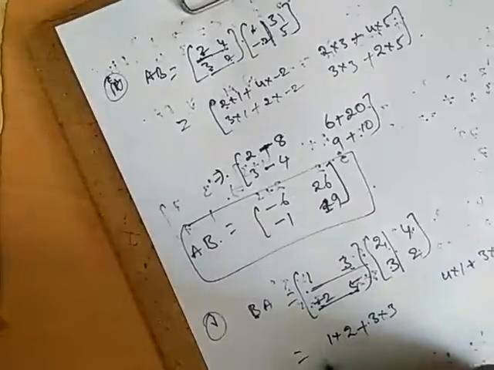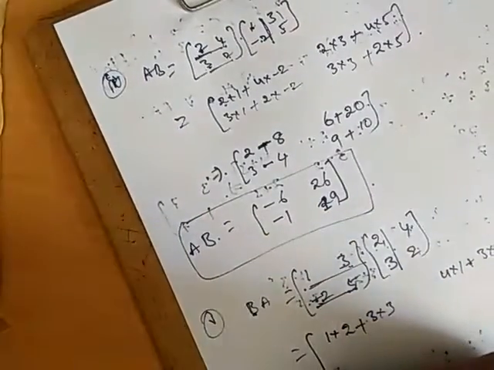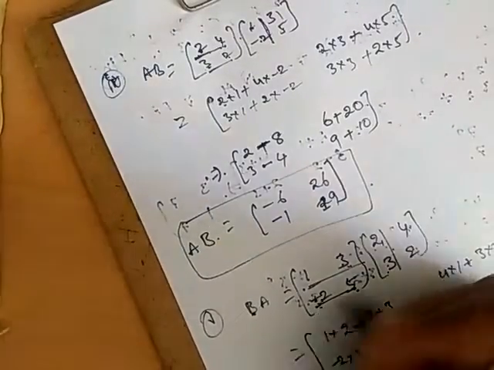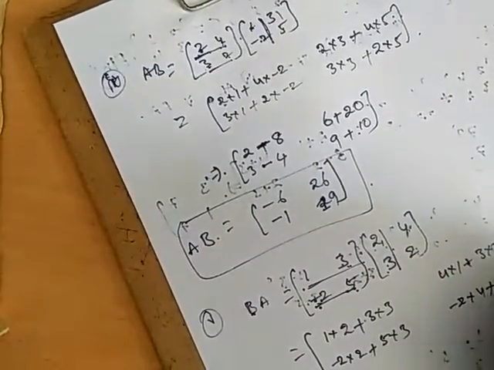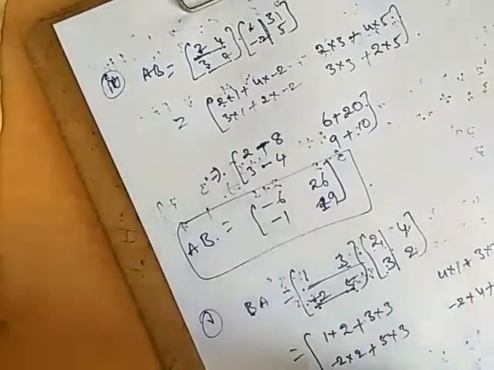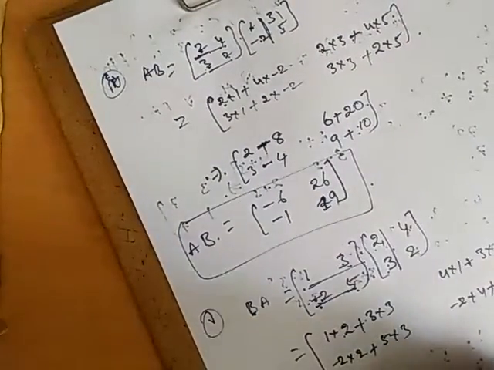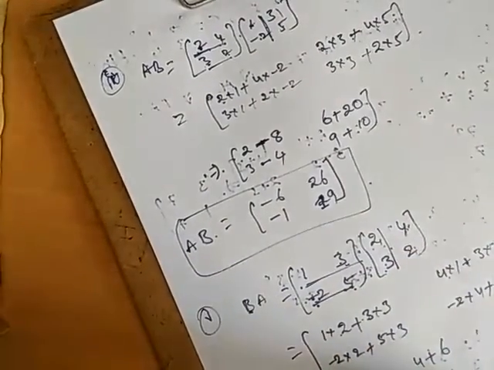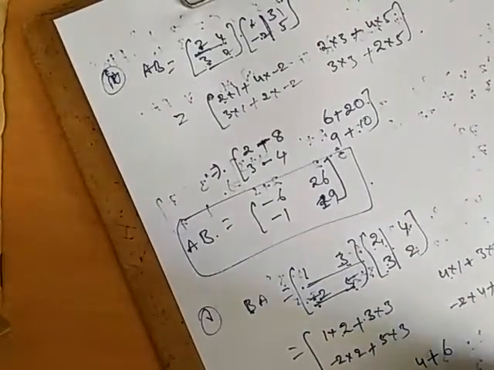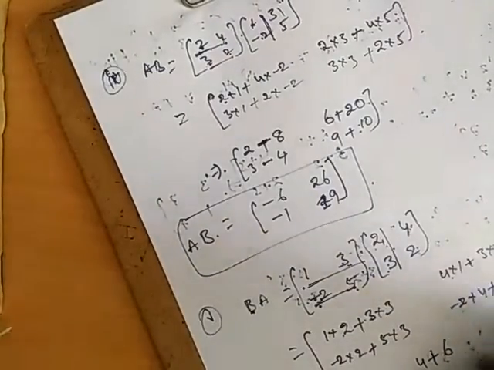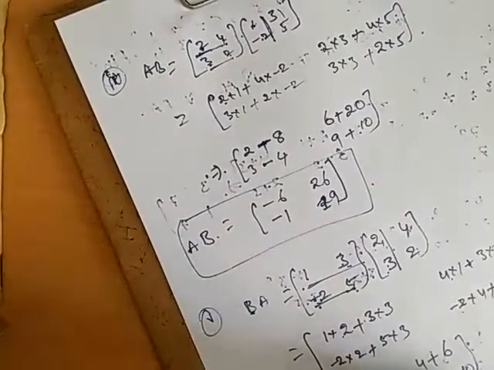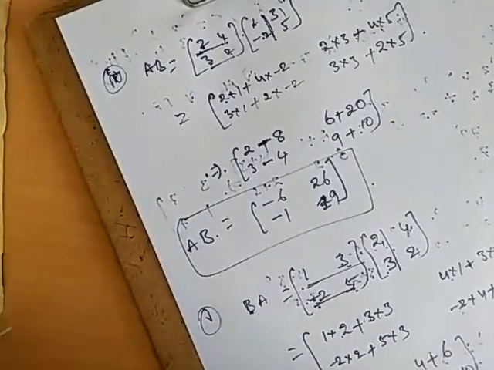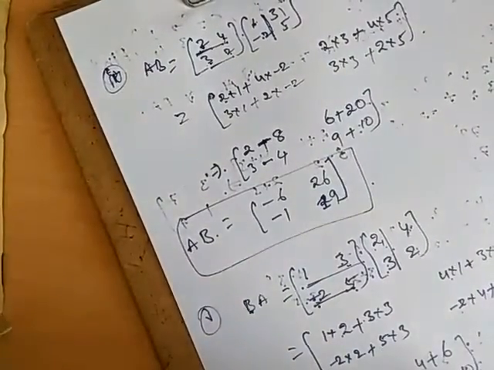Second row, first column: minus 2 into 2 plus 5 into 3, minus 2 into 4 plus 5 into 2. So 2 plus 9, 4 plus 6, minus 4 plus 15, minus 8 plus 10. That equals 11, 10, 11, 2.